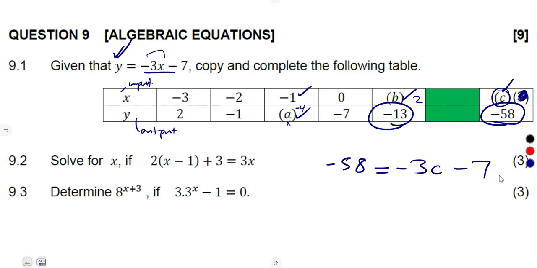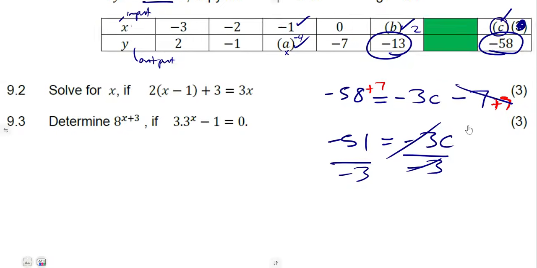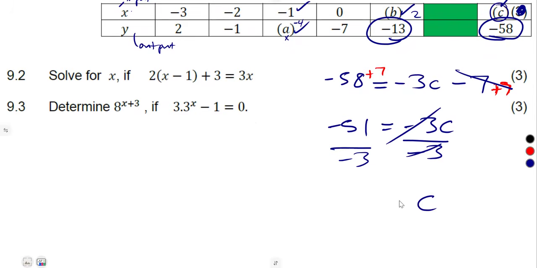All right, add 7 both sides of our equation so that we can get rid of this. That's minus 3c is minus 58 plus 7, which is minus 51. So divide by negative 3 both sides of our equation. That's our c was going to give us 17. All right, so c there is 17.